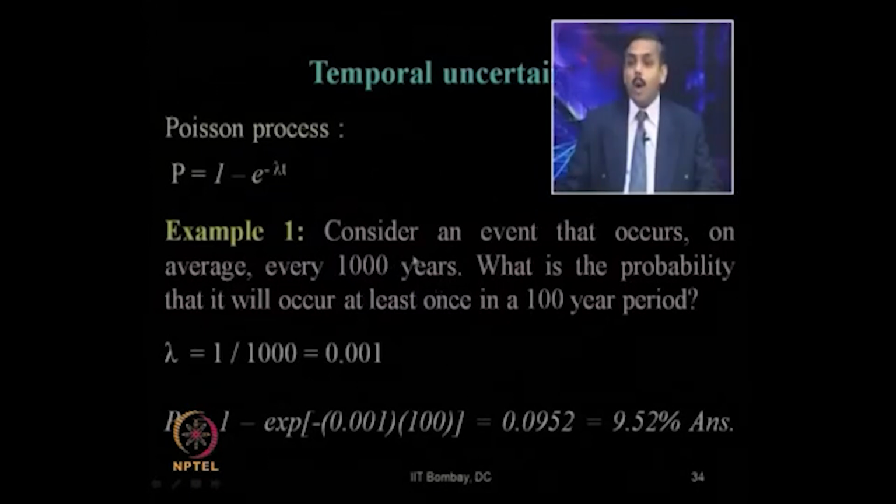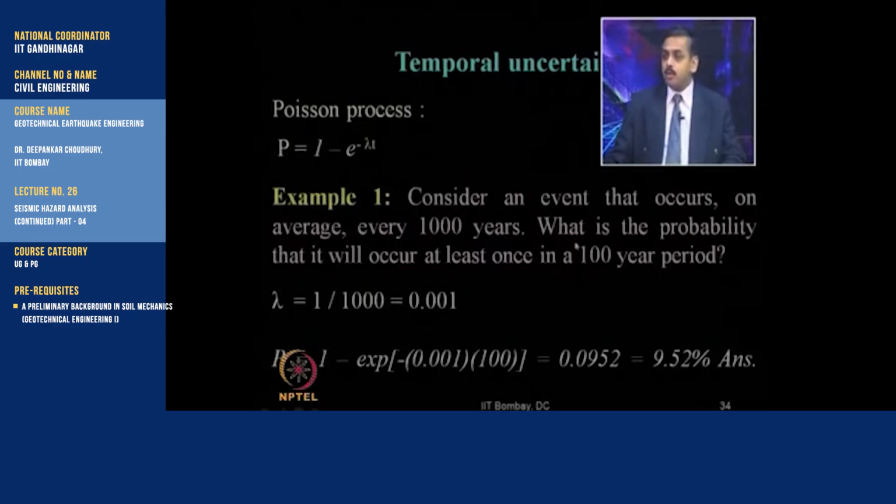Let us say one earthquake of magnitude 7.5 occurs in your region every 1000 years from your recorded data. The question is, what is the probability that it will occur at least once in the coming 100-year period? So, how can we calculate this?